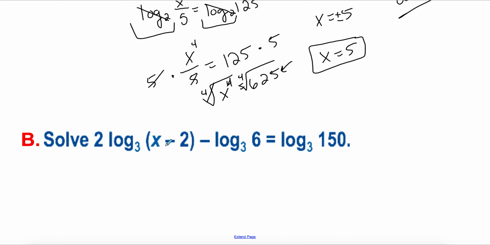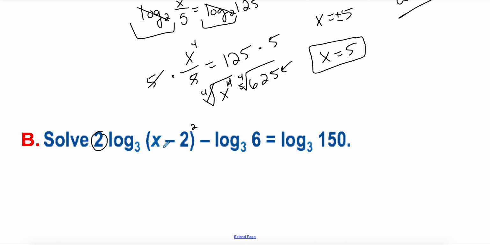So, next one. This one can take a bit of time because we have this exponent going up here. What this is going to do is it's going to have to FOIL out at some point, which we could make easier, but we're going to do it this way just so we can practice foiling.